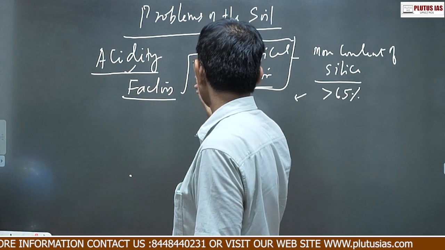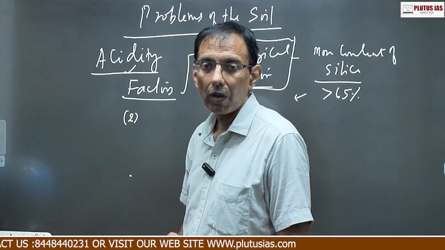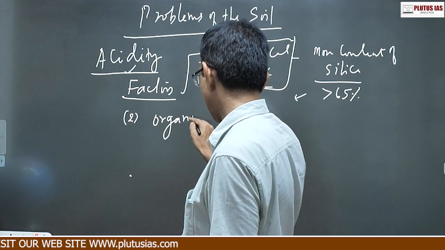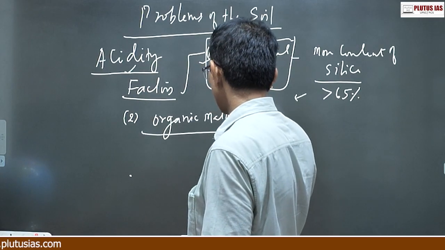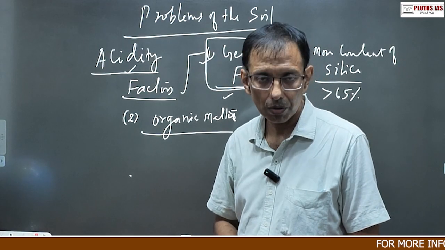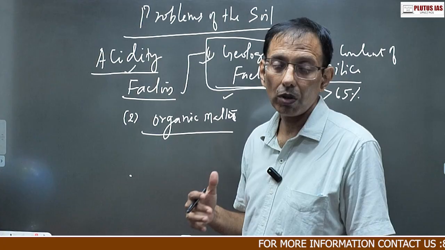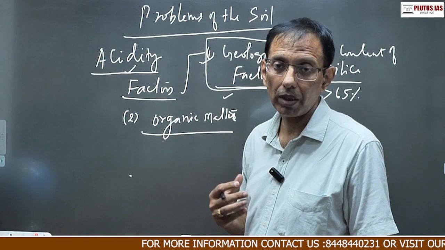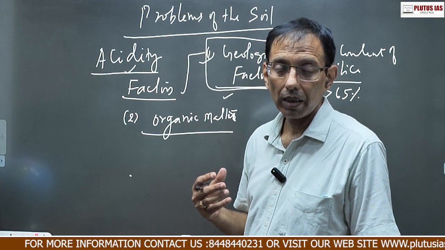Then another factor, first was geological, the second factor is organic matter. What type of organic matter we are using will decide the nature of the soil. If the soil has more organic content, the organic content itself contains some kind of acidic component.